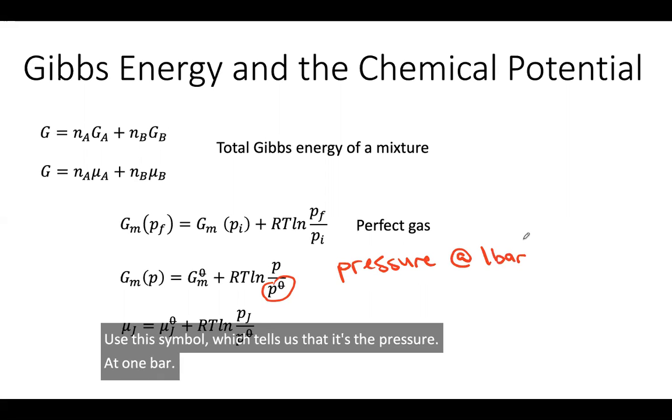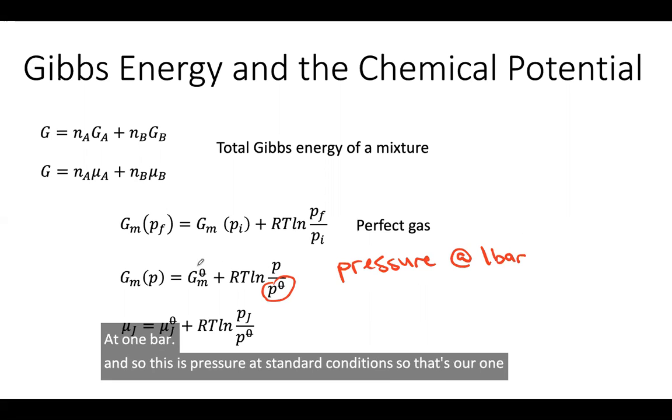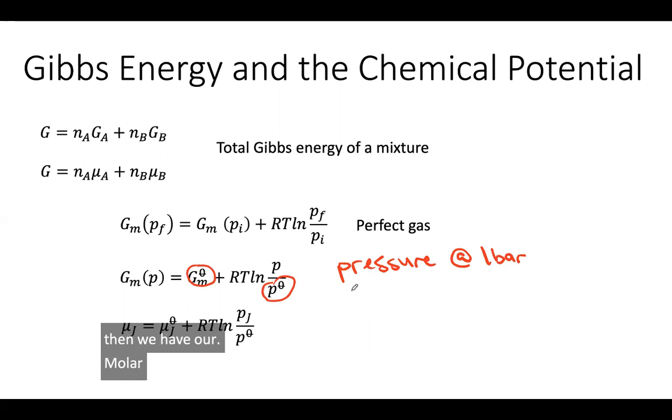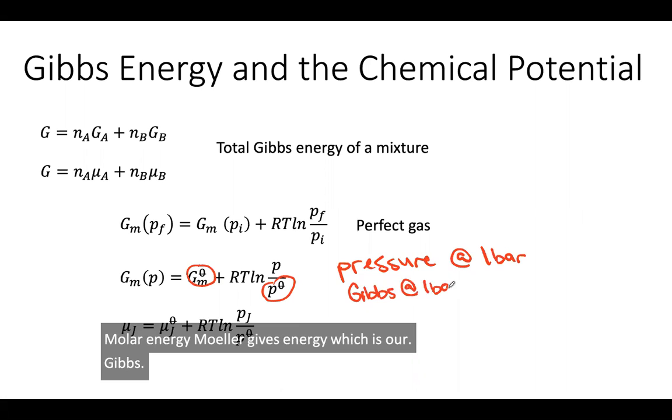And so this is pressure at standard conditions. So that's our 1 bar. And then we have our molar Gibbs energy, which is our Gibbs energy at standard conditions, which is 1 bar.